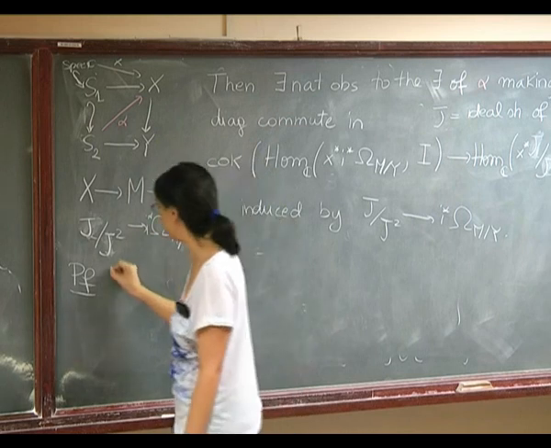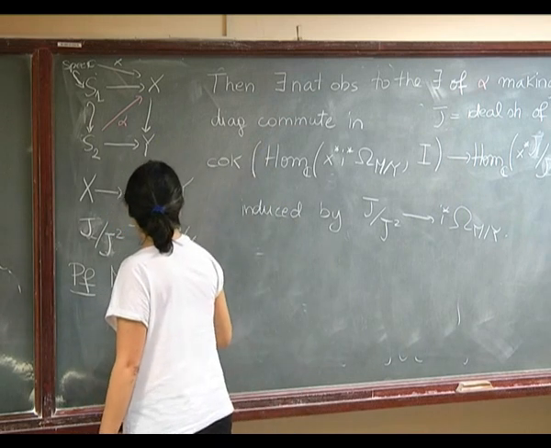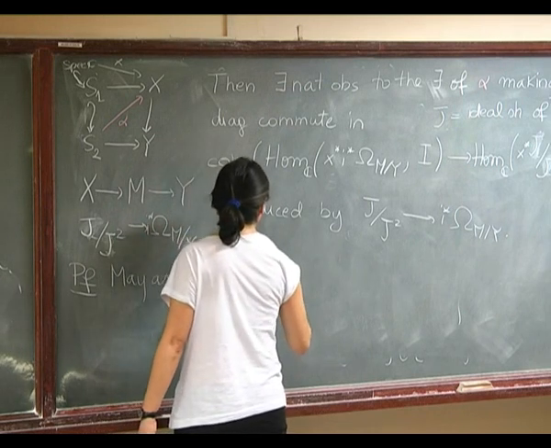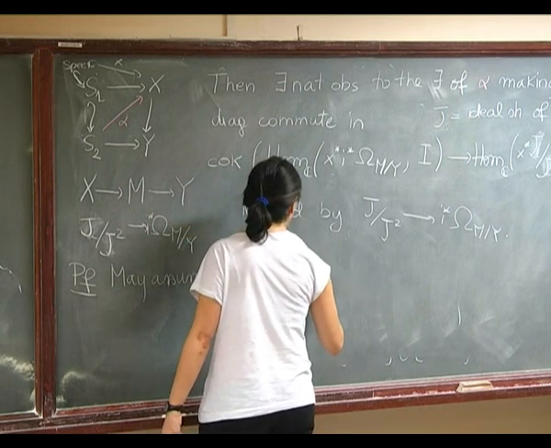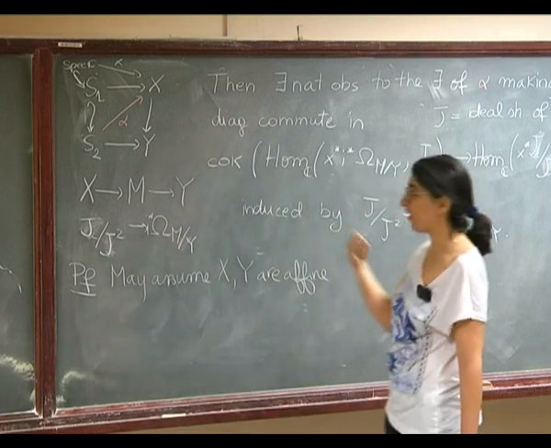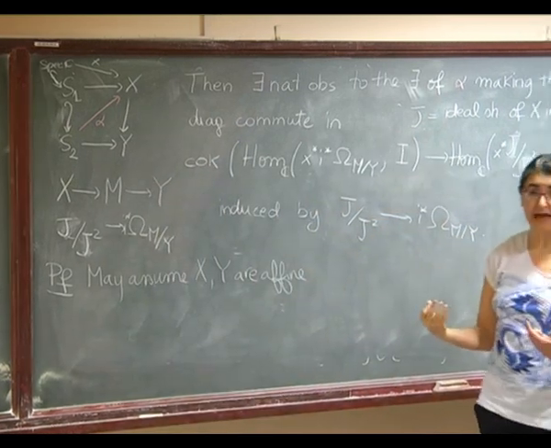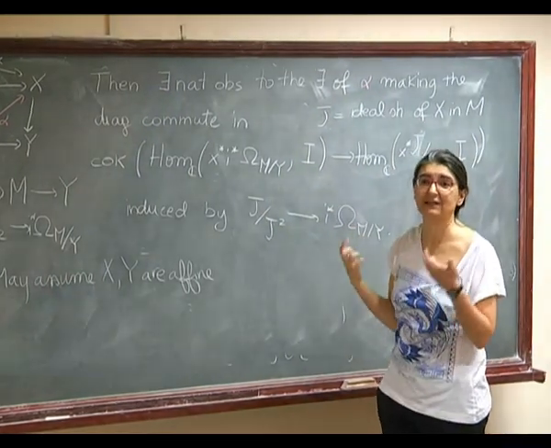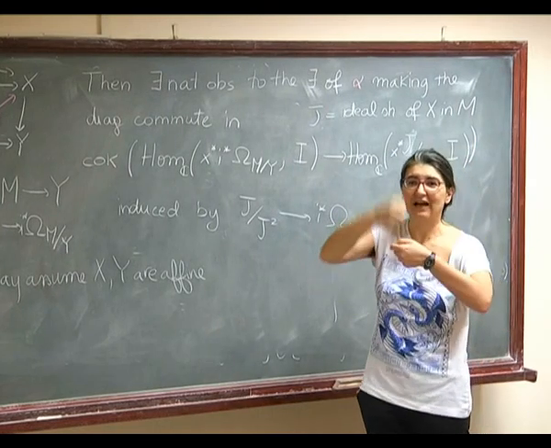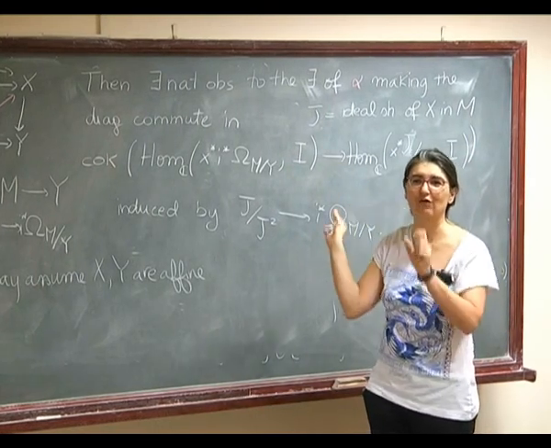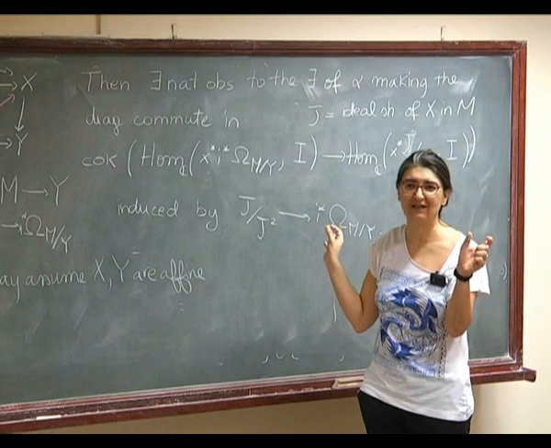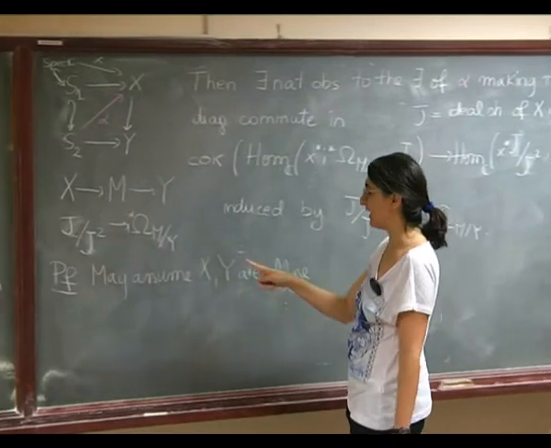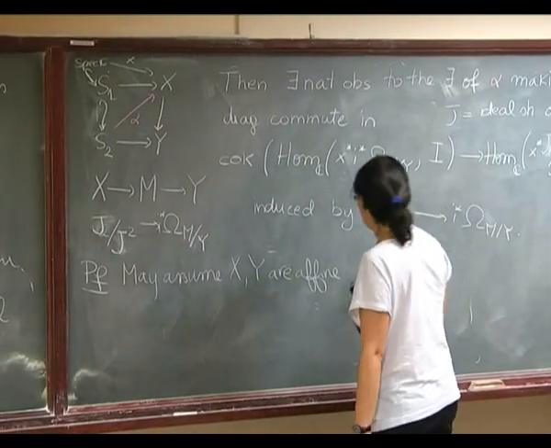So I may as well assume that X and Y are affine. And moreover, by all the arguments we had about this complex, it really doesn't depend, up to adding a trivial free factor or locally free factor on each side. This doesn't change either the kernel or the cokernel.